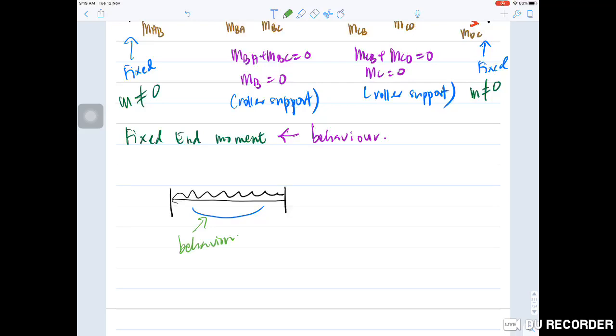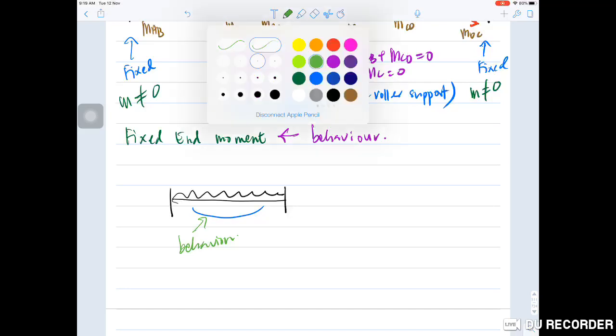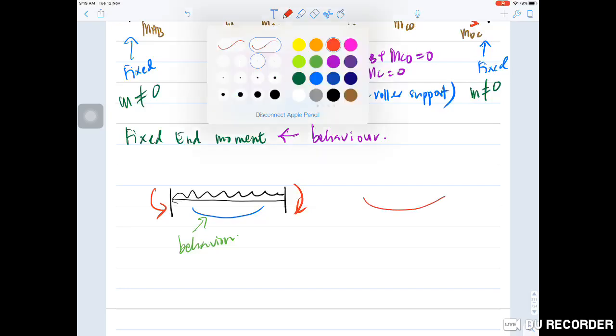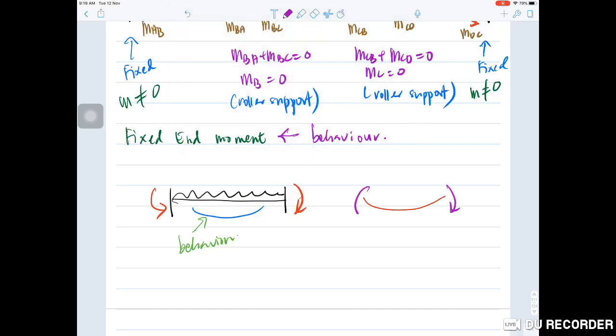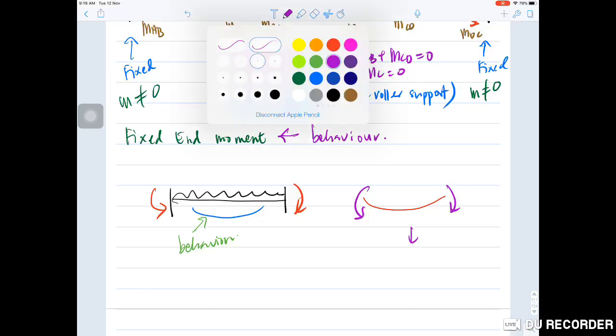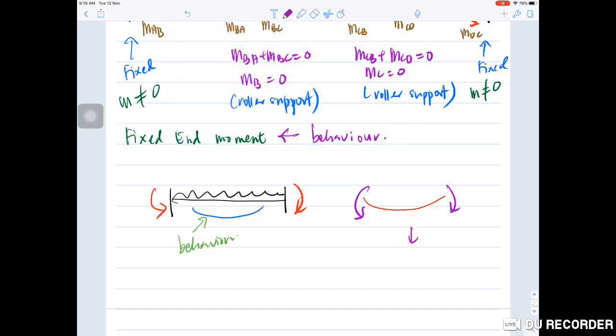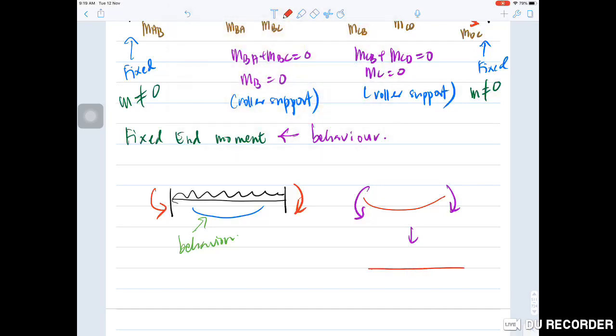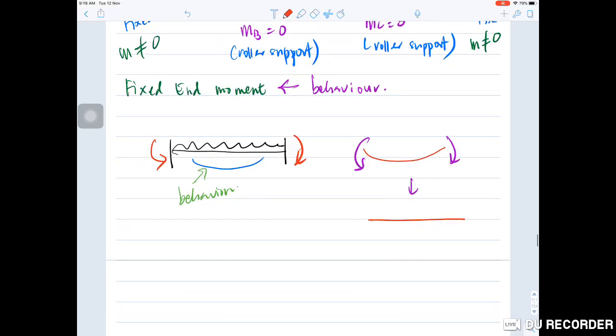The fixed end moment will occur at both fixed ends to counter the bending of the beam. To counter it, we have to apply moment at both ends like this, so that the bent beam will go back to straight position. That is fixed end moment.